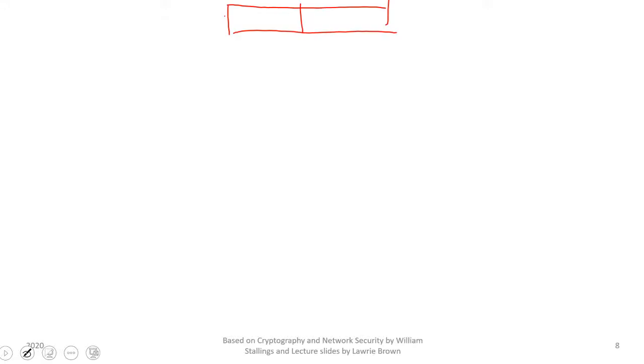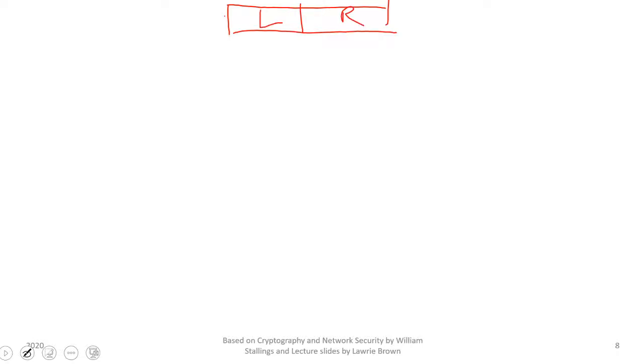In the Feistel cipher structure, we start with a block of the message, and then we split it into two parts, the left and the right.